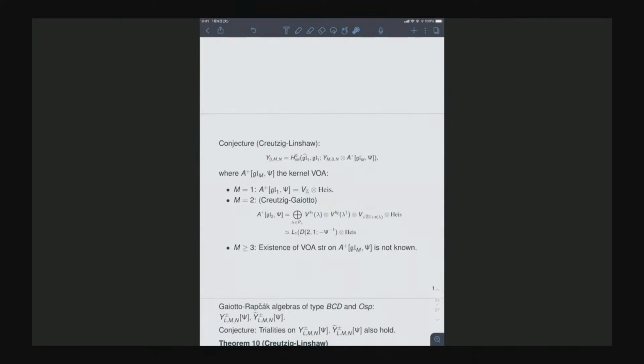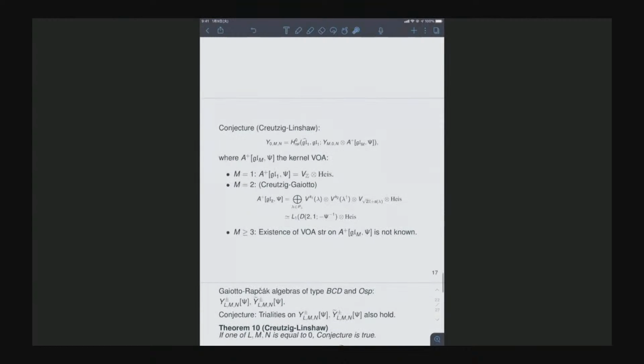In the m equal 1 case, which is our case, this is just a lattice tensor Heisenberg, very simple. For m equal 2, by the conjecture, A plus should satisfy some forms. But the problem is whether there is any vertex algebra structure on this apex.